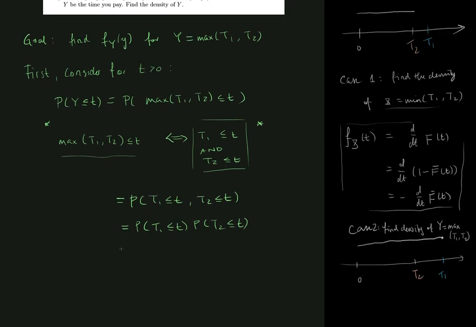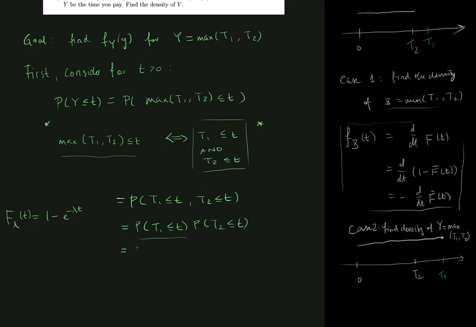Now, this is given by the distribution function of an exponential distribution with parameter lambda. So I will just remind you that for an exponential distribution with parameter lambda, the distribution function is given as 1 minus e to the minus lambda t.